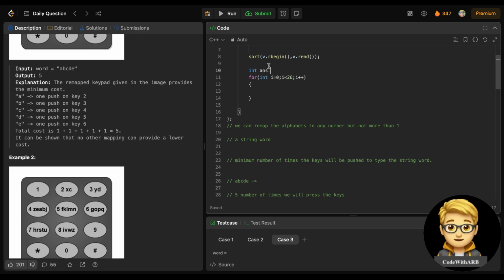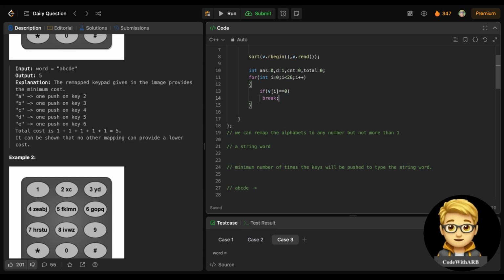First, we need to store the count. Second, we need to know how many pushes we need. First, we will start from one push. Then we also need to find the total count of characters, and then the total number of unique distinct characters, right? So the first thing to know is that I have sorted in descending order. So if the frequency is 0, we don't need to check further.